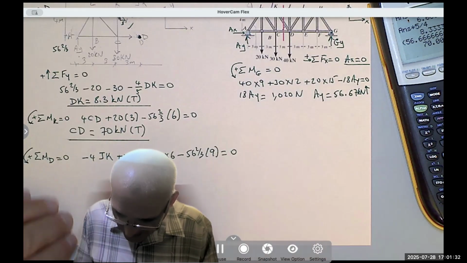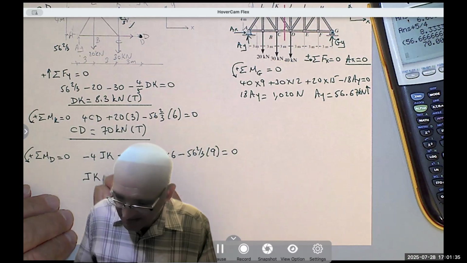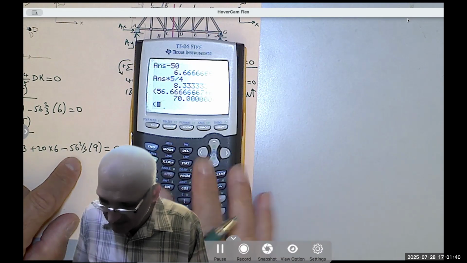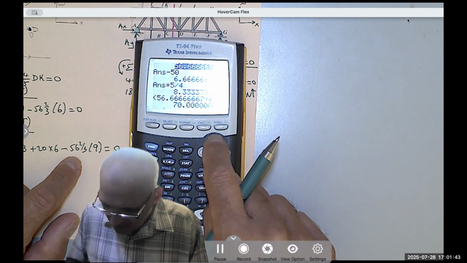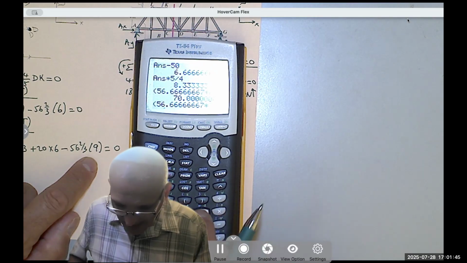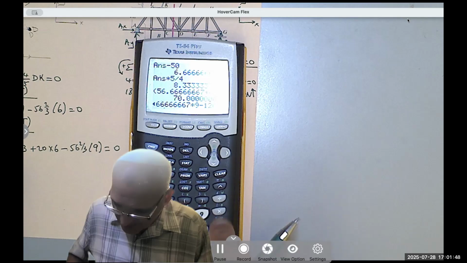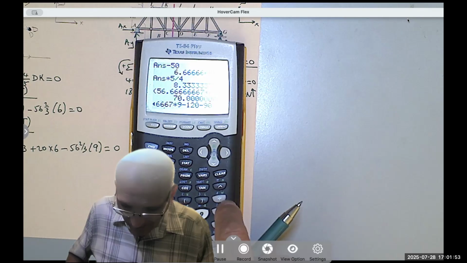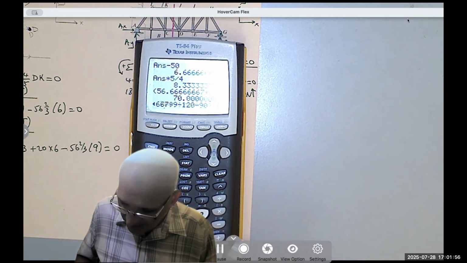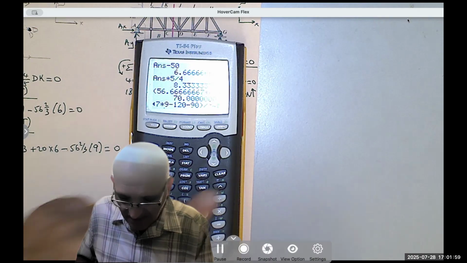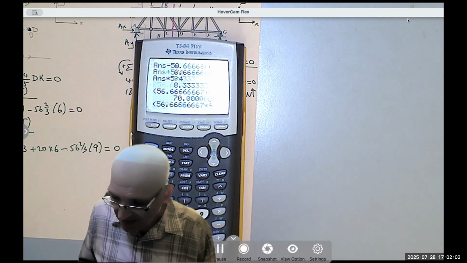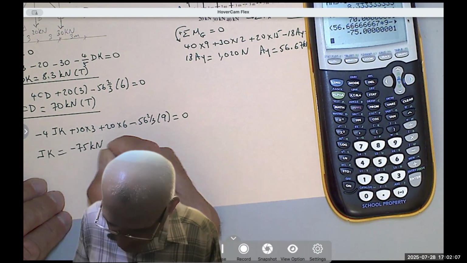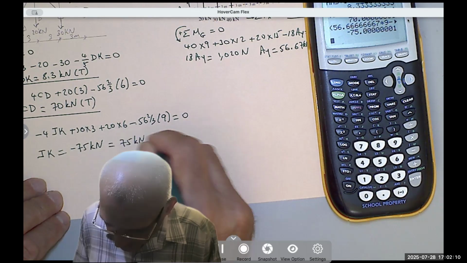And again, to find JK, the ones that are negative, when you move them to the other side, they would be positive. So between parentheses, I'm going to take 56.6 multiplied by 9, subtract 120, subtract 90, and then close the parentheses and divide by negative 4, because I moved this to the other side as positive, so that remains here as negative 75 kilonewton, which means 75 kilonewton compression.